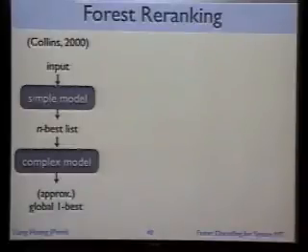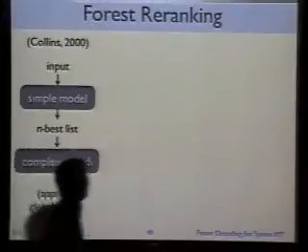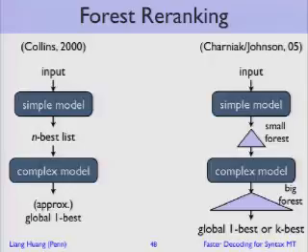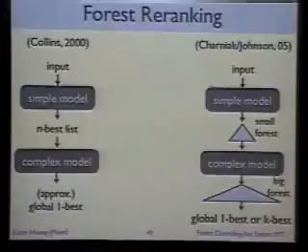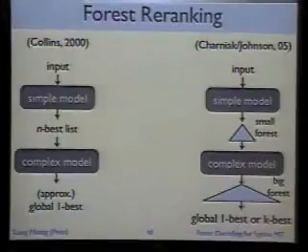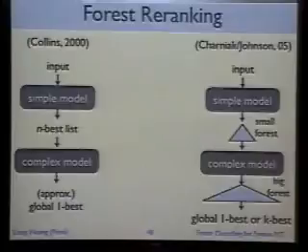The simple model is fast, so we produce an n-best list, and then you re-rank or rescore the n-best list with the complicated part, and you approximate the global one-best. What Charniak and Johnson do for coarse-to-fine n-best parsing is that you have the input in a simple model and you produce a small packed forest, and then a complicated model and a big forest, by splitting the states in the small forest into several fine-grained states. And then in this paper, the goal is to find the k-best in this big forest.